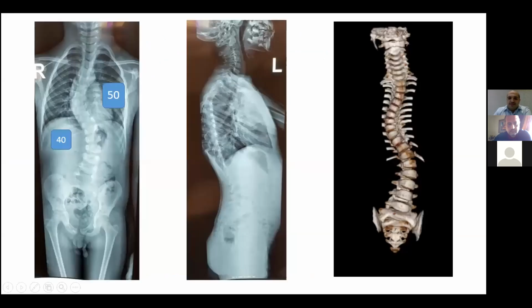So this is the X-ray. This is to remind you, just a 7-year-old with a 50-degree thoracic and 40-degree lumbar curve. Regarding the kyphotic angle, it looks normal, and here in the CT scan, you can see that there is no abnormality in the spine, which means it is not congenital. So I will come back later after I've discussed this case with you.